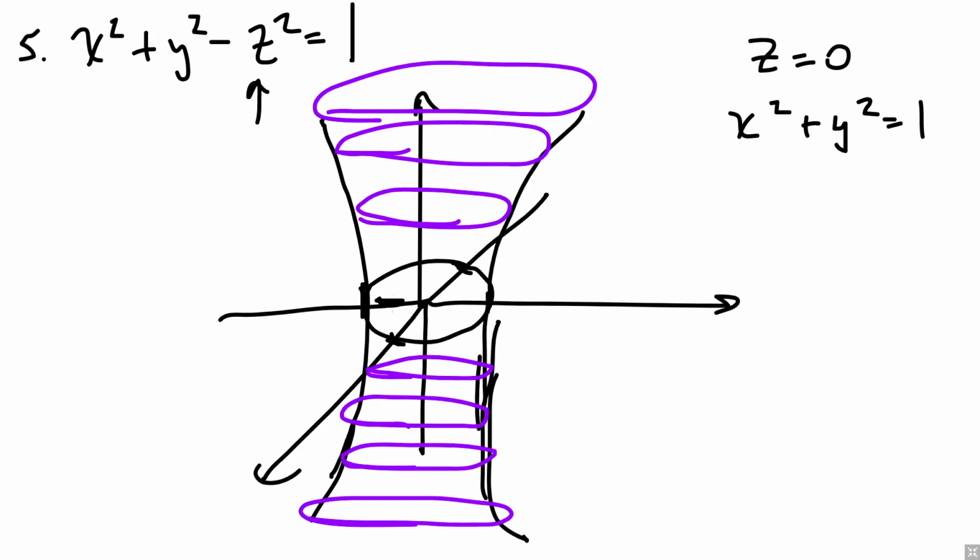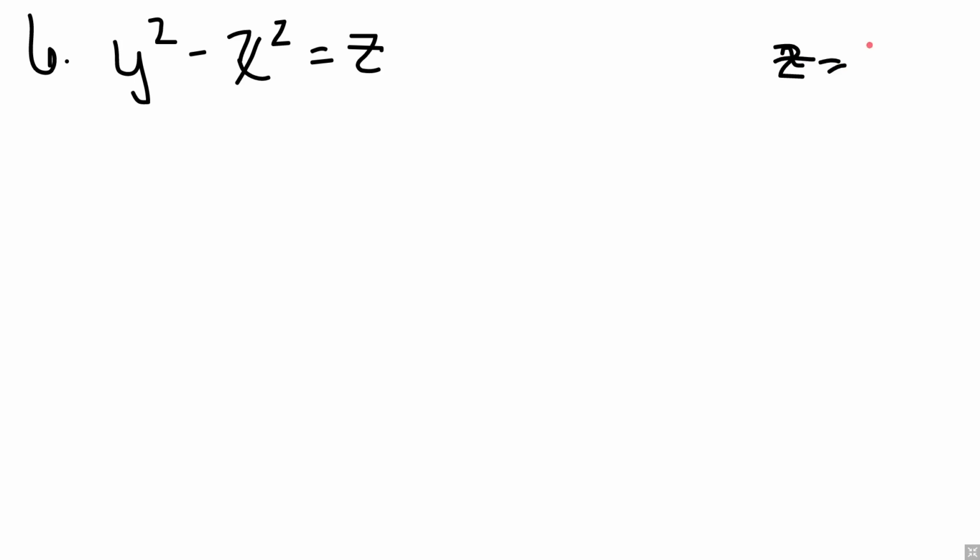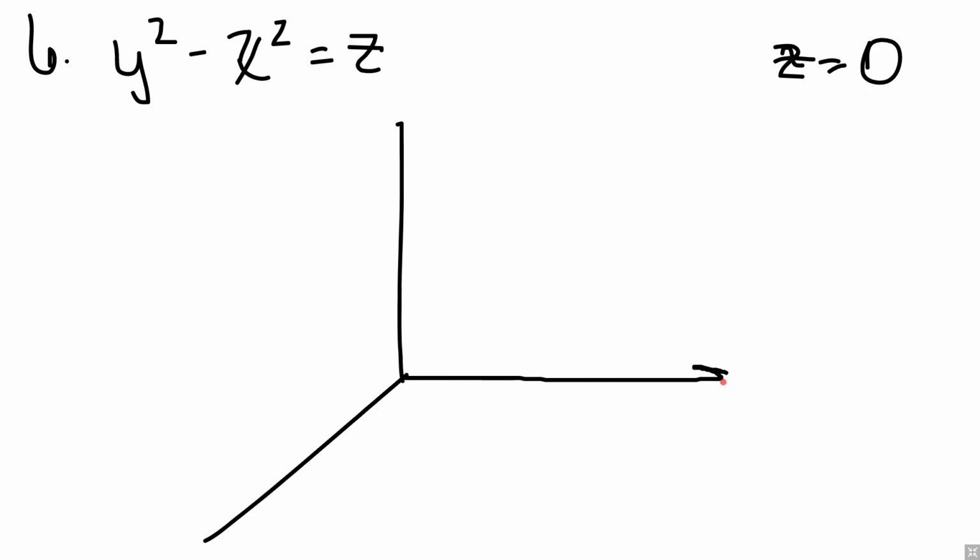All right. Then the last problem that we have is this. We have y squared minus x squared equals z. Okay. So for this, if z equals 0, that means we're going to start at the center at 0, 0, 0.